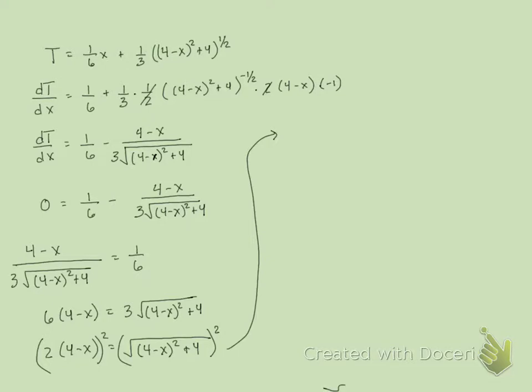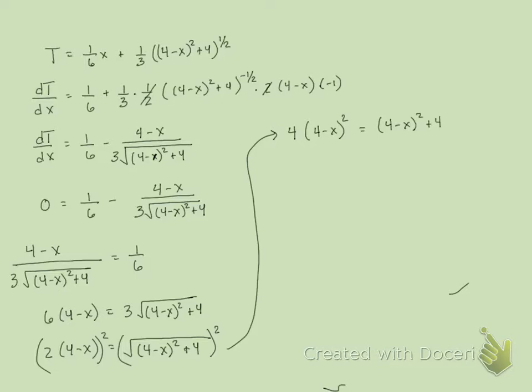So when we square the left side, we have to square the 2 to get a 4. And then we're going to square 4 minus x squared. And I'm not going to FOIL that out because I've got another 4 minus x squared on the other side. So on the other side, when I square that, I'm going to have 4 minus x squared plus 4.